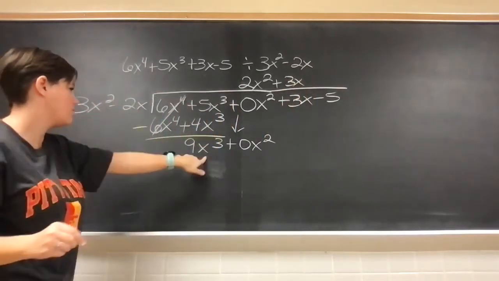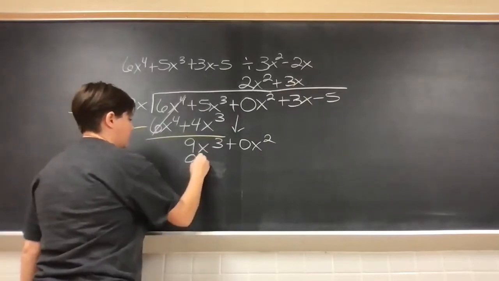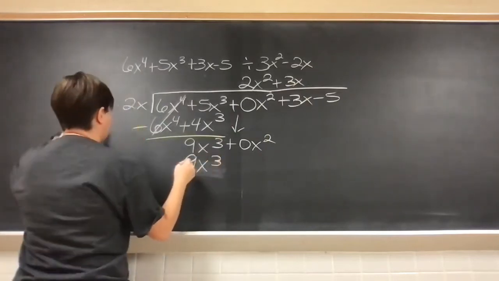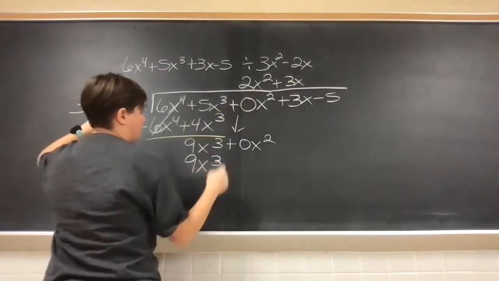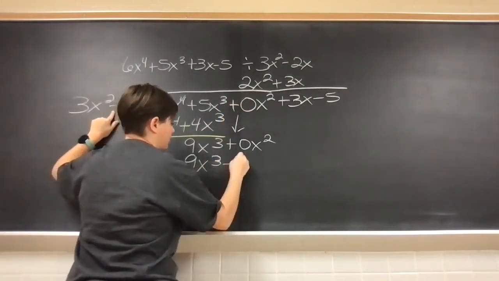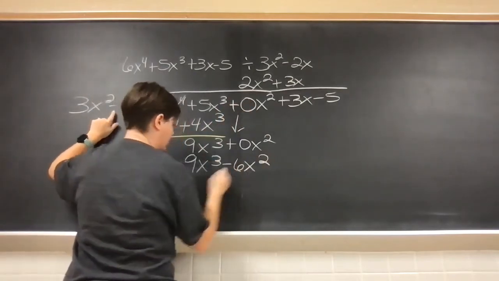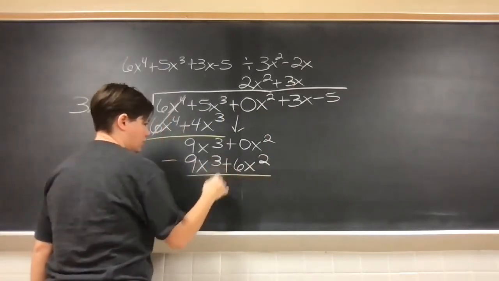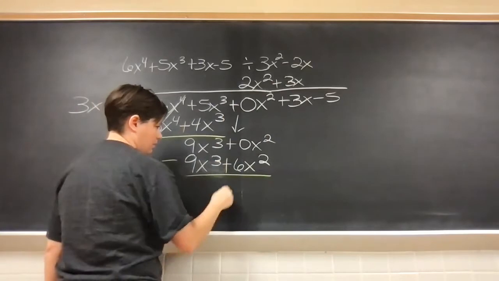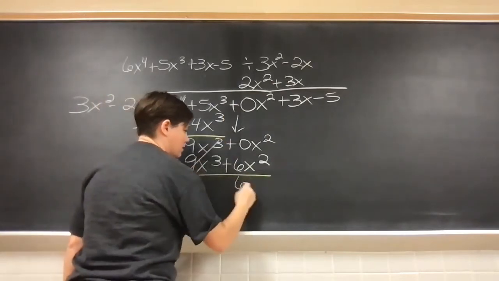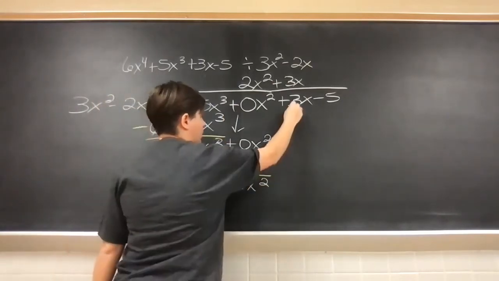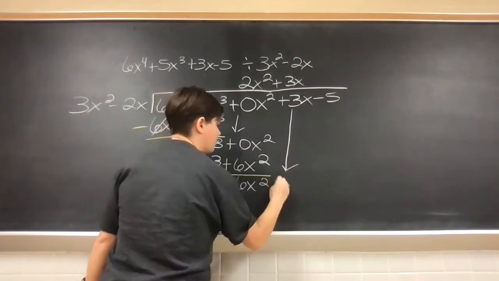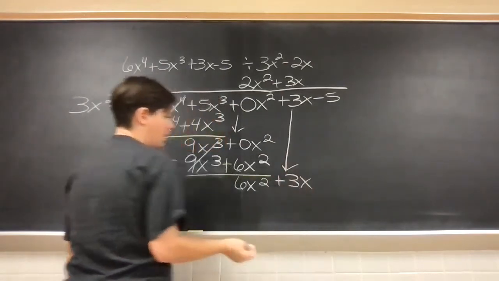X squared times x gives me x to the third. So that'll give me 9x to the third. Negative 2x times a 3x will give me minus 6x squared. I draw the line, change my signs. That goes away. 6x squared. I'm going to bring down my plus 3x.